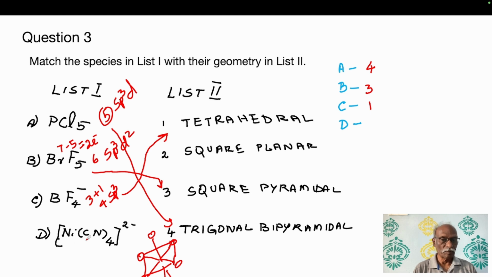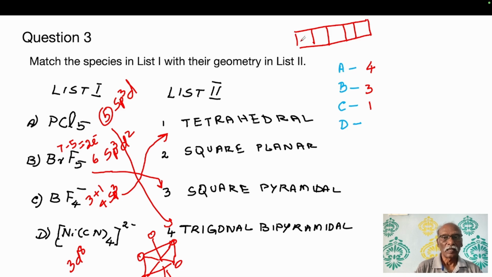Now we have the last one, which is supposed to be square planar. We will finalize. Nickel is 3d8. Those 3d8 electrons, how are they linked? If you want to understand, 1, 2, 3, 4, and 5. All the 8 electrons are pushed inside and paired up due to the powerful ligand CN.